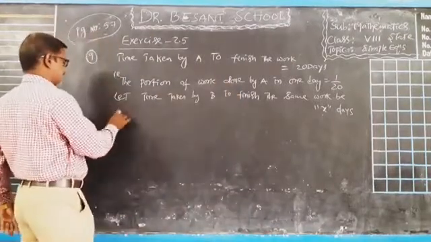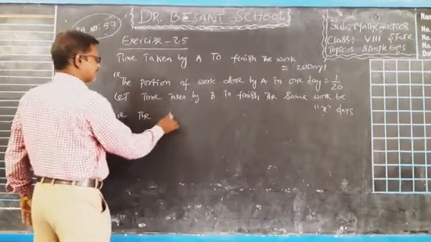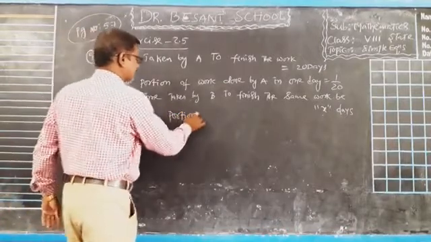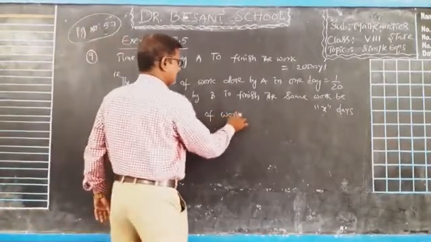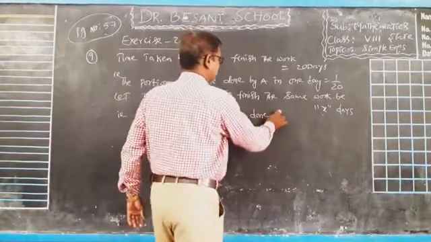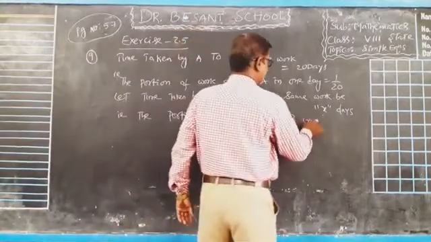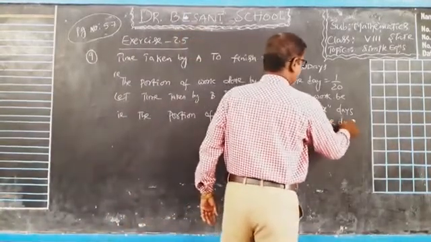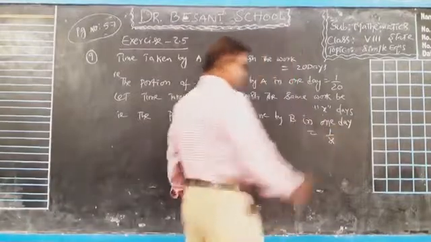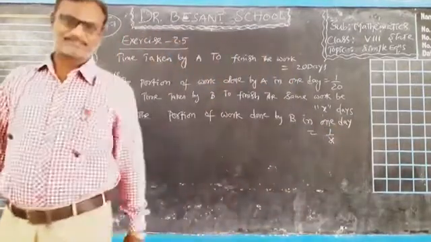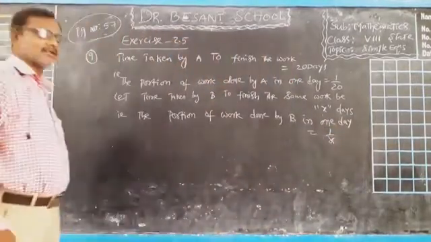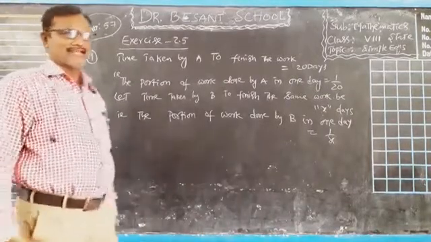That is, the portion of work done by B in one day is equal to 1 by X part.